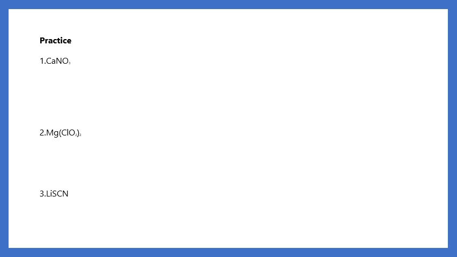Okay, so I'm going to do the first one, and then I want you to practice the next two. So we have CaNO3. We named the first one, which is calcium again. And the second element is nitrate, if I remember correctly.